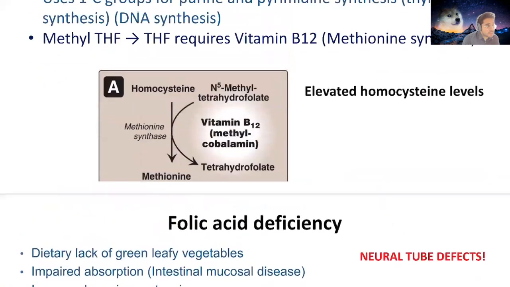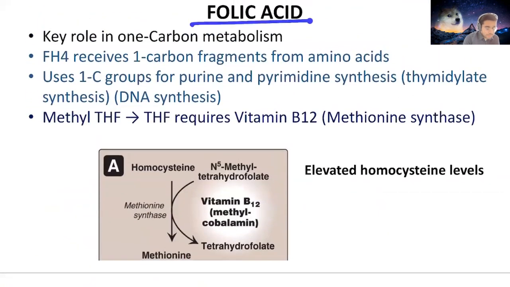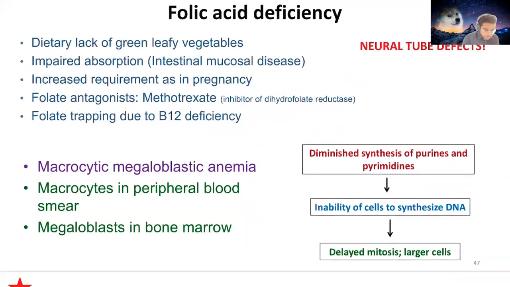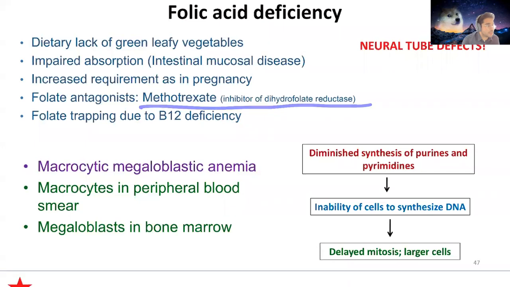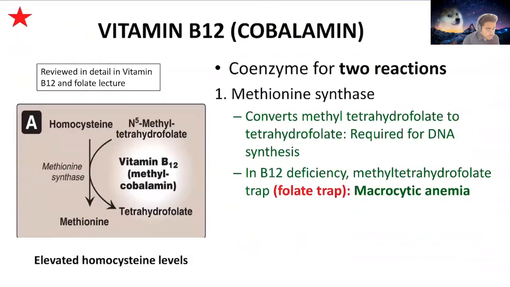If only homocysteine is elevated, then it's typically folic acid, right? And no neurological presentation, folic acid. Okay, folic acid deficiency, typically maternal. Methotrexate is often one that's implicated. This is something you're going to learn later on. So neural tube defects, keep that in mind. Macrocytic megaloblastic anemia, keep those buzzwords in mind.